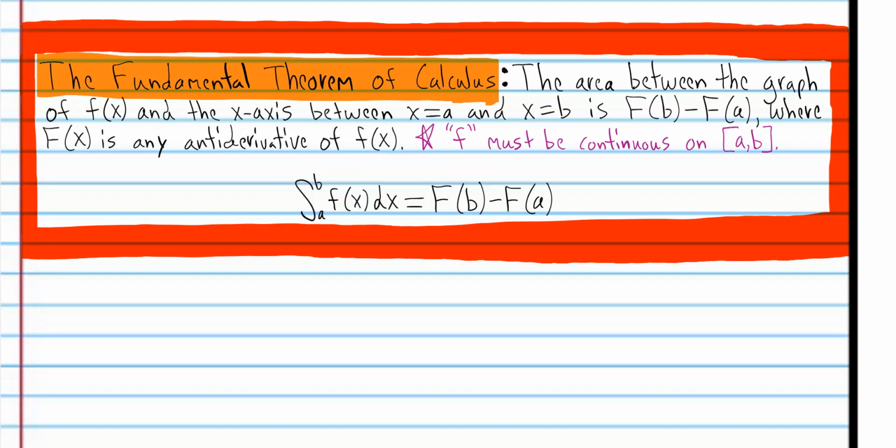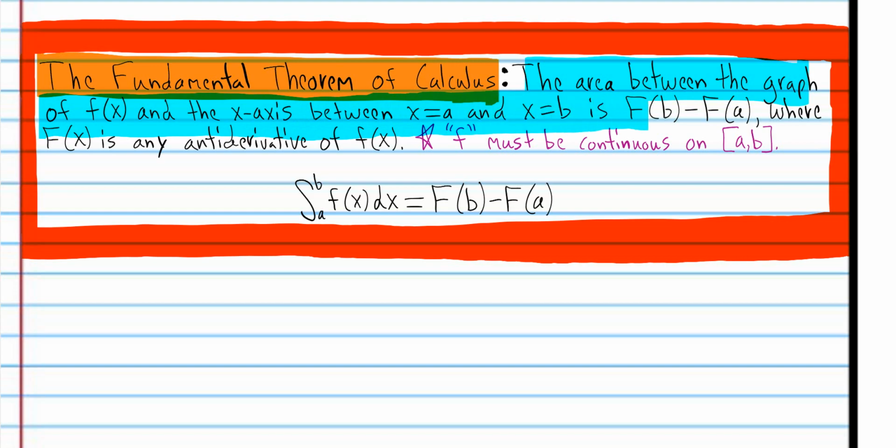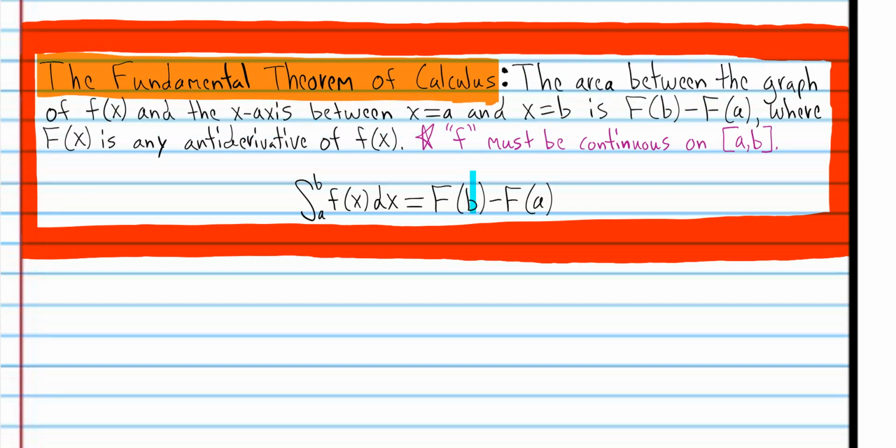The fundamental theorem of calculus tells us that the area between the graph and the x-axis between x equals a and x equals b is the antiderivative of this function with b plugged in minus the antiderivative of the function with a plugged in. So that's it. That's the fundamental theorem of calculus.